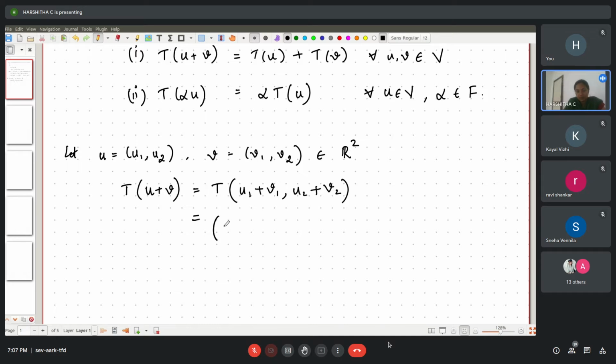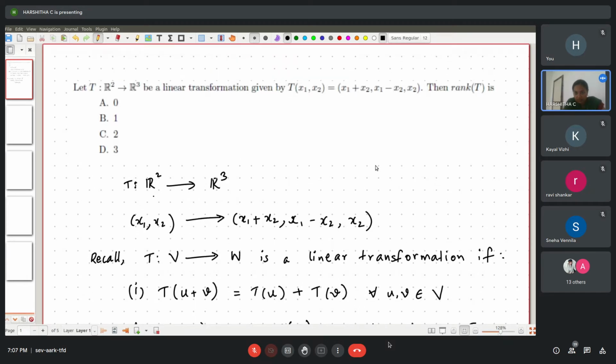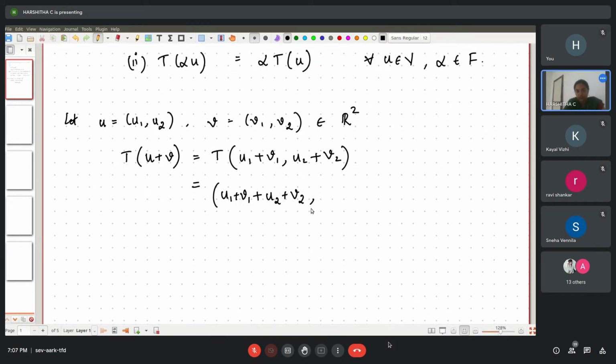So this will be x1 plus x2. Then x1 minus x2, that is u1 plus v1 minus u2 minus v2, and finally the second coordinate as it is.